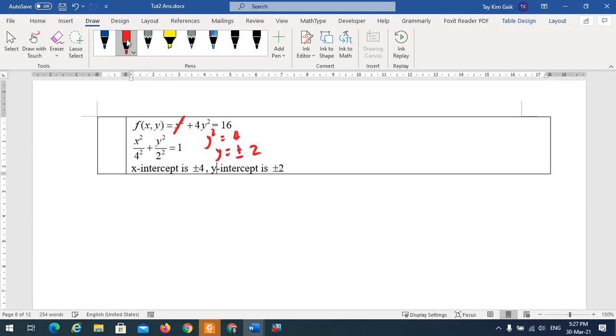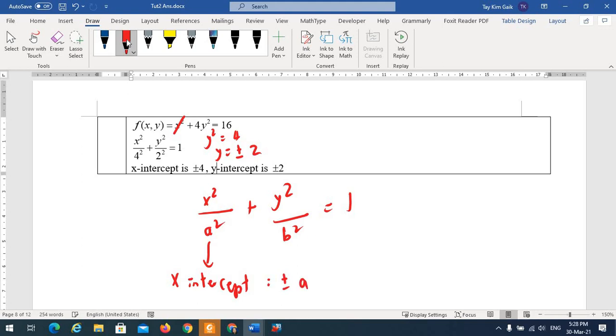Or for the y-intercept you let x equal 0, 4y squared equals 16, so y squared equals 4, so y will be plus or minus 2. So you either let x = 0 or y = 0, or you change to the ellipse equation form x squared over a squared plus y squared over b squared equals 1. Then your x-intercept is plus or minus a, and your y-intercept is plus or minus b. If it is (x minus h) squared, then you measure from the center of the ellipse, going left a units and right a units.